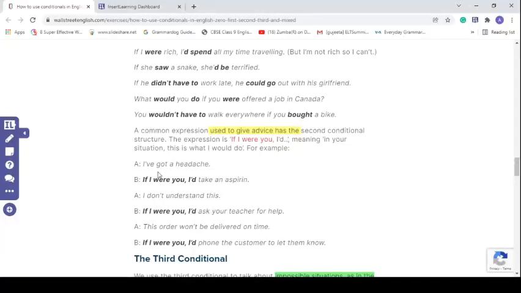You put yourself in that person's position or situation. Again, if I were you, I would ask your teacher for help. If I were in your position, I would ask for help. So with "if I were you," the second portion will be "I would" plus verb, when you're giving advice.